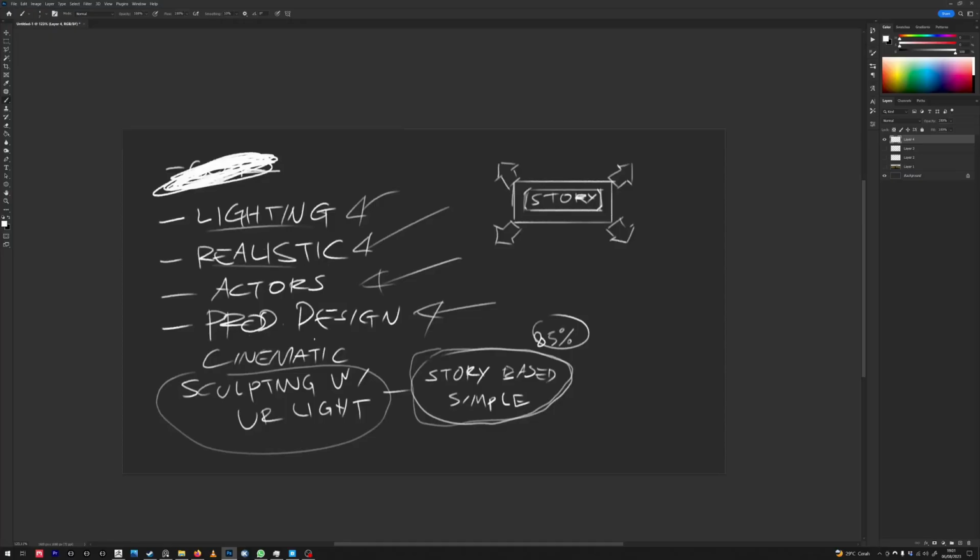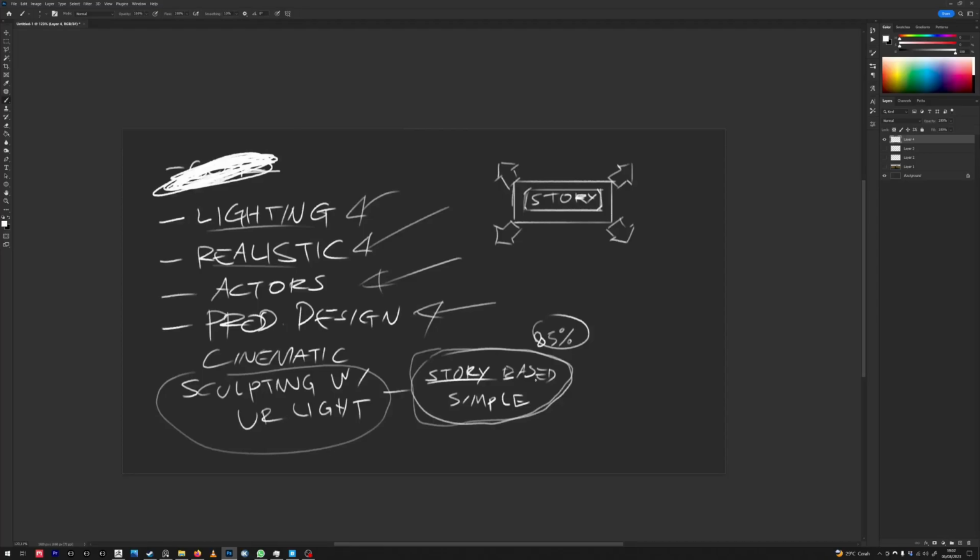Obviously, if it's live action, it's supposed to be realistic. Or is it? We'll get to that later. But the lighting, actors, and production design, everything is planned and moves together as a beautiful ensemble. And everything, at the end of the day, serves the story.